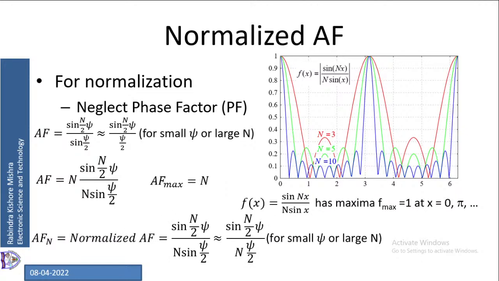Now the normalized array factor is equal to sin(n psi by 2) divided by n sin(psi by 2), which is approximately equal to sin(n psi by 2) divided by n psi by 2 for small psi or large n. This is the normalized array factor.